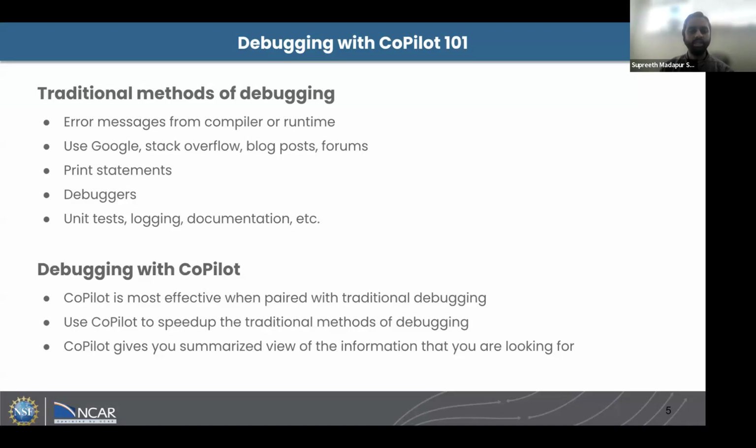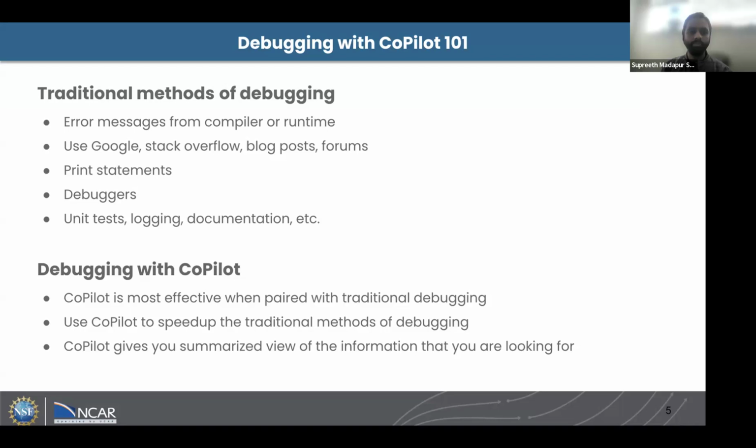When we get an error message, we look at it and try to figure out whether it's a compiler error or a runtime error, and we try to understand it, and then we start debugging or fix the problem. Sometimes if we don't understand the error message, we use Google or blogs like Stack Overflow or forums or documentation to figure out what the issue might be.